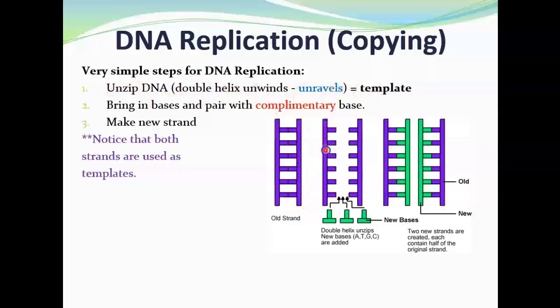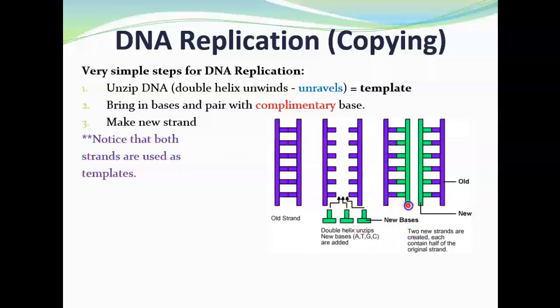And then each of those two sides of the zipper are going to be a template. And you know, a template is what you use to make a copy that stays the same. The new nitrogenous bases, A, T, C, or G, are going to be brought in and properly matched to the existing template strands.